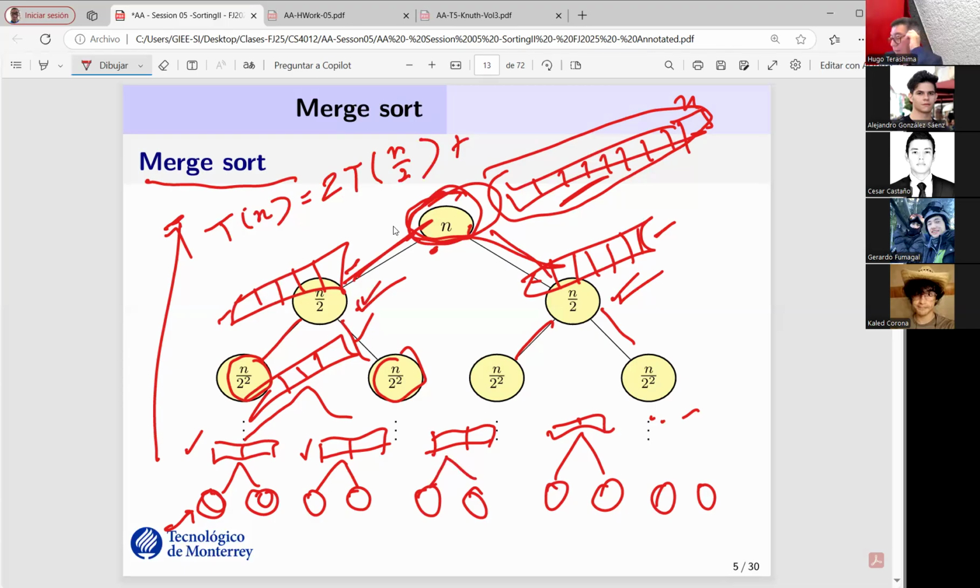Plus n minus 1. What is that cost coming from? The merge of these 2 lists. If I have 2 lists of size n over 2, the cost is going to be n over 2 plus n over 2 minus 1. That is correct.